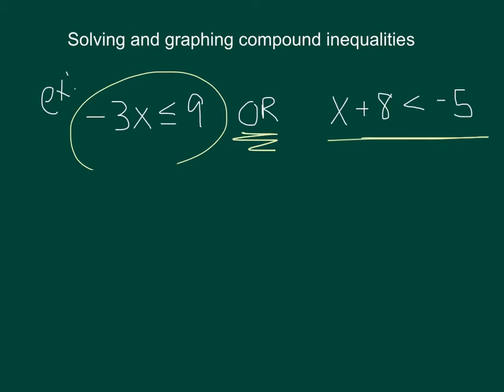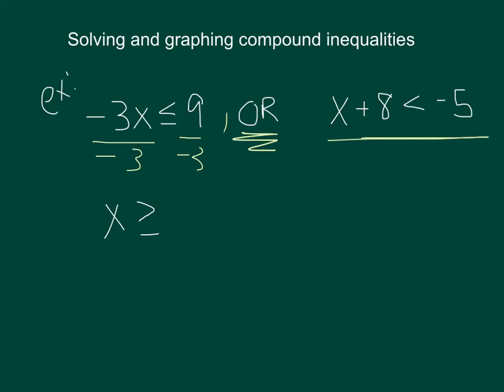So how do I solve that? Well, I'm going to divide both sides by -3. And because I divided by a negative, whenever you divide by a negative, you have to flip the inequality. So now instead of a less than or equal to sign, I'm going to have a greater than or equal to.